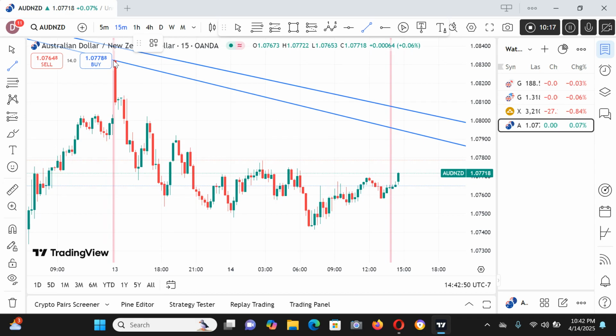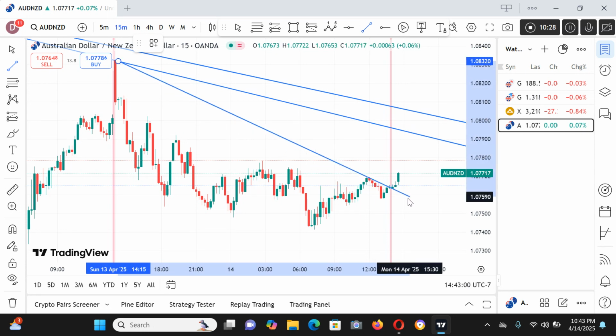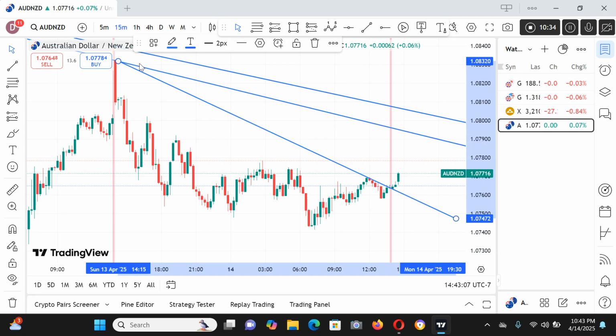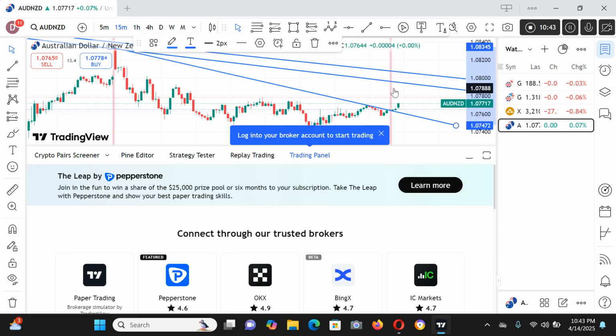Pull out another trend line from here. It is perfect. Absolutely nice.